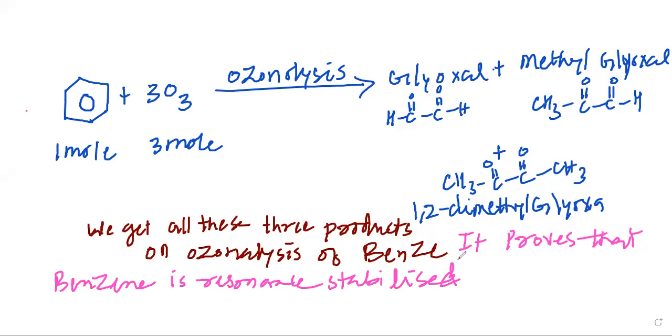So we can come to know that it proves that benzene is actually made up of two structures. So actually your benzene, what we write this way, is made up of 2 different structures of benzene.